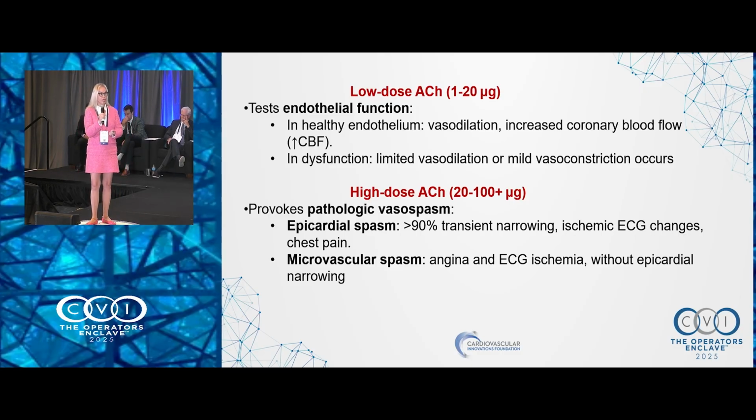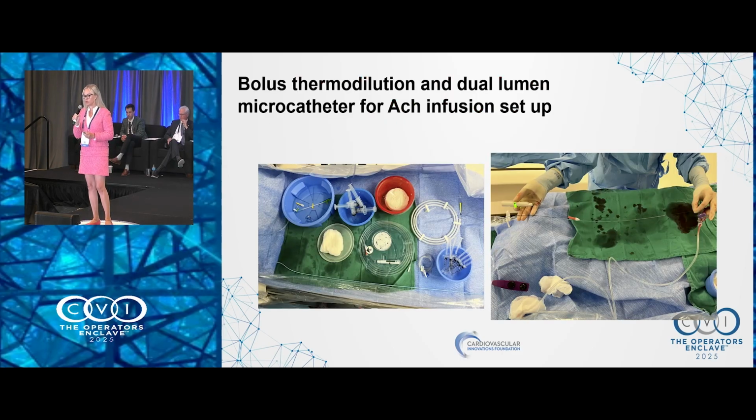And then we go to a high dose, which is usually the 100 micrograms dose, which is the dose that traditionally provokes spasm. If we see the spasm, then we make the diagnosis. If the 100 micrograms doesn't work, sometimes in male patients, we could use 200 to confirm that the patient is vasospastic or not.